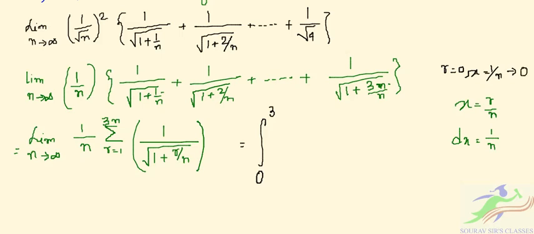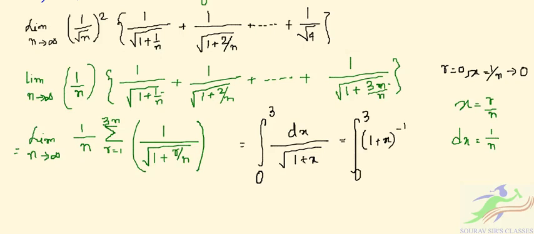And similarly, when x equals 3, so here the upper limit will be 3. So now we have the integral of dx over root 1 plus x. We can also simplify it as the integral from 0 to 3 of (1 plus x) to the power minus half dx.